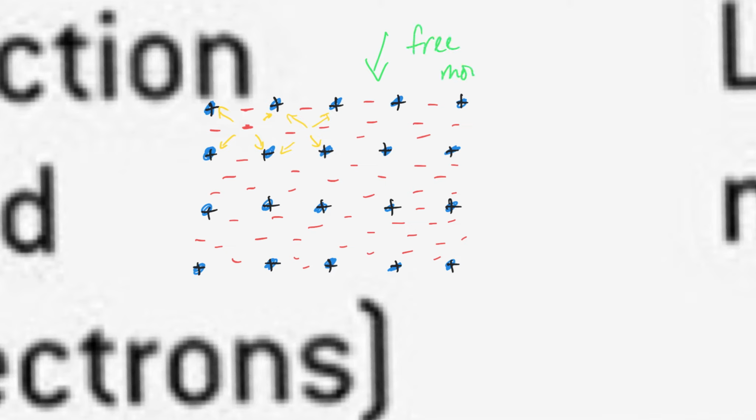If you could get them moving in one specific direction, then you could have that substance conduct electricity. So for example, if you could get all the electrons to move this way, you have yourself a current, and thus it will conduct electricity, because all the charged particles are moving in a very specific direction, okay?